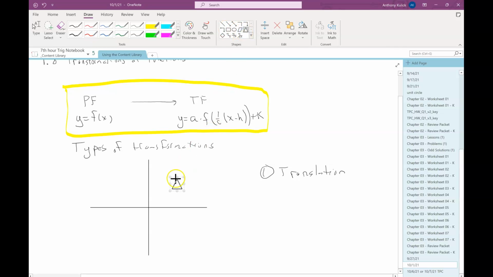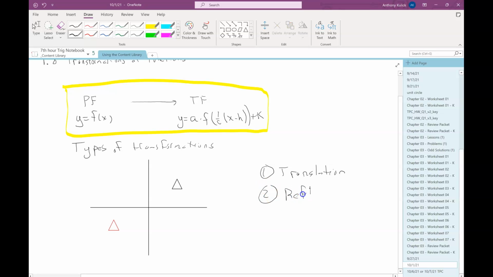A translation of that would be something like this, where I've moved it left or right, or up or down some amount, but the orientation is still the same. Notice the triangle is still pointing up, and the size of it is still the same. It basically just picked it up and moved it to a new location, but everything else has stayed intact. Everybody's okay with that idea? Okay.